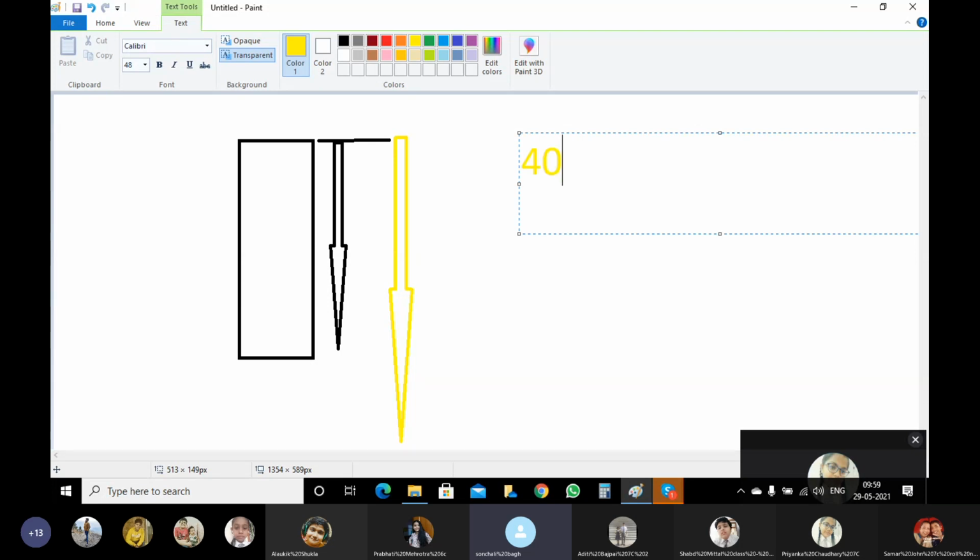That is 40 minus 48 will give us -8. And what does this -8 mean? -8 meters means 8 meters below ground level, right or wrong?